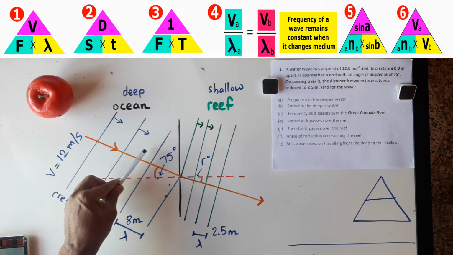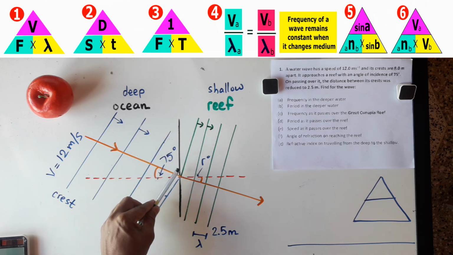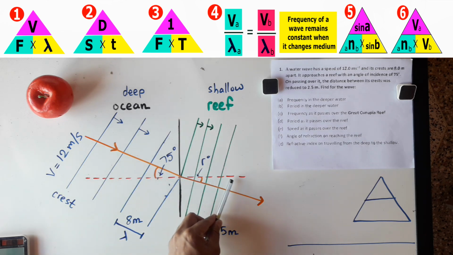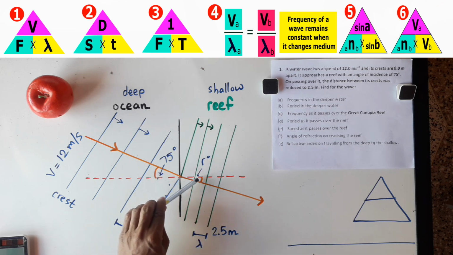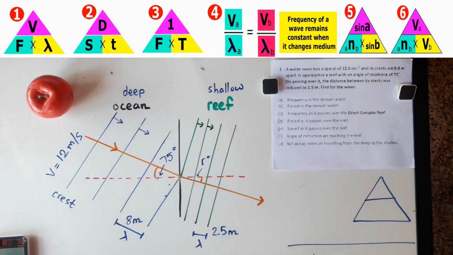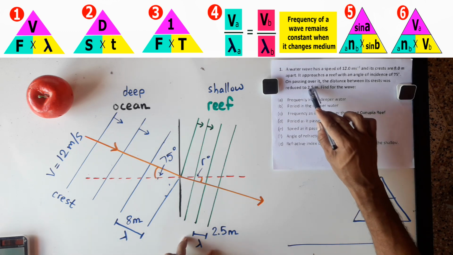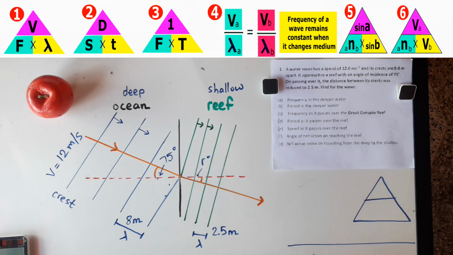When the wave hits the boundary, its angle will change. So here's 75 degrees, and here we do not know the angle. But here's what we do know. The wavelength in the deep region is 8 meters, and the wavelength in the shallow region is 2.5 meters, which makes sense. Remember, the wavelength in the deep region is supposed to be bigger than in the shallow region.